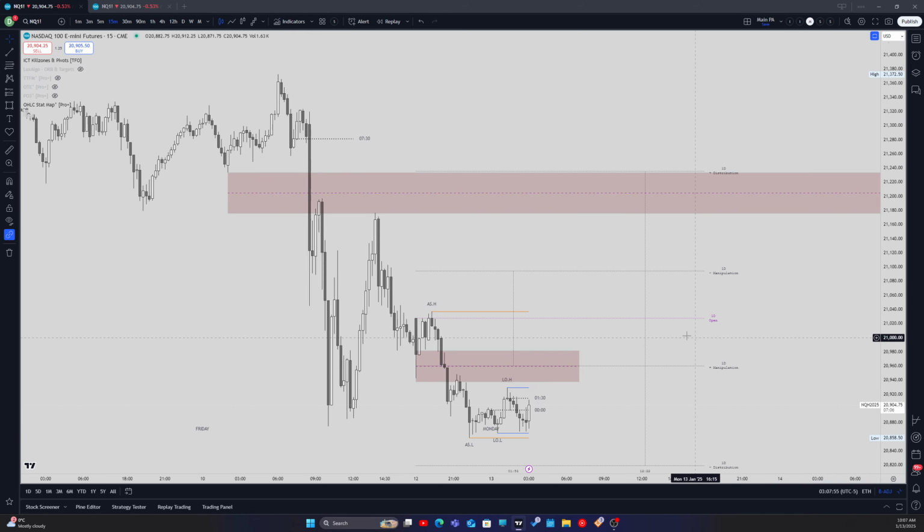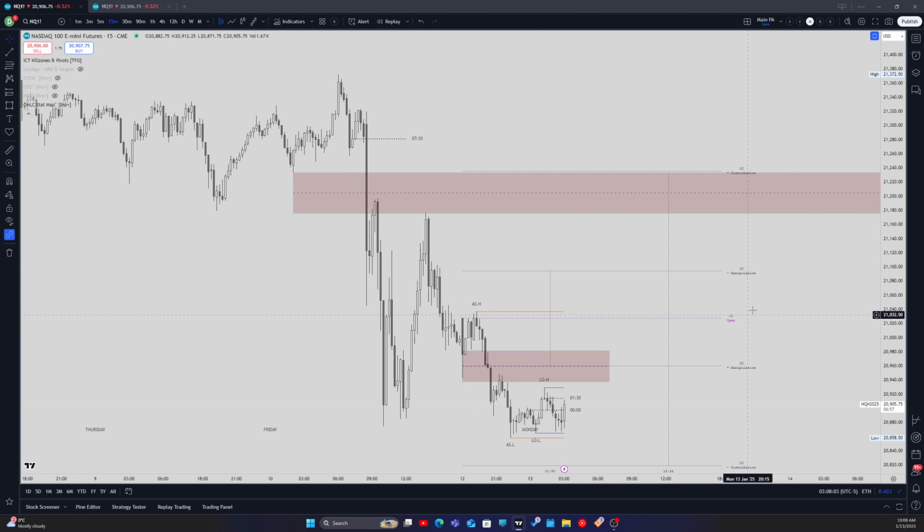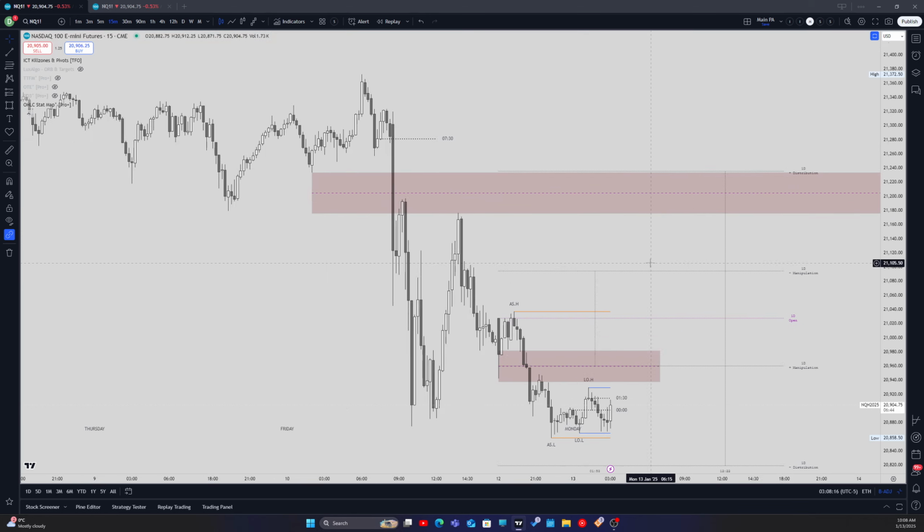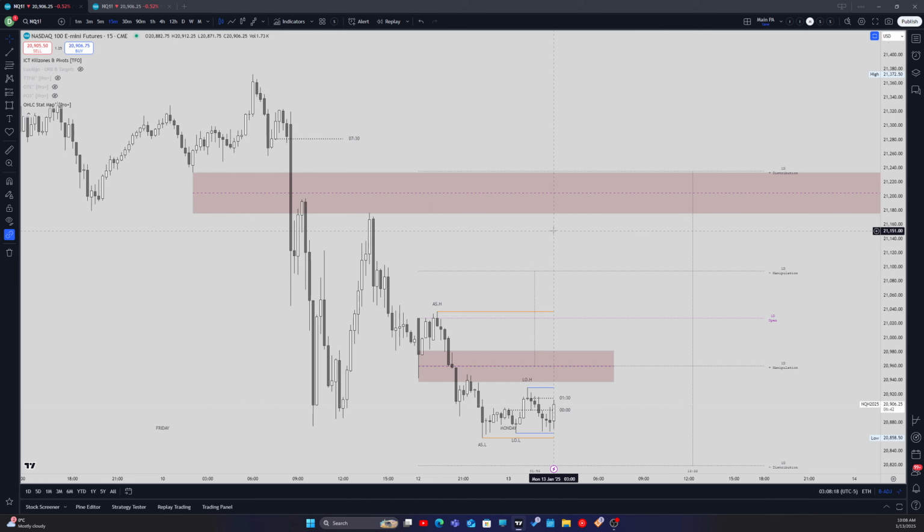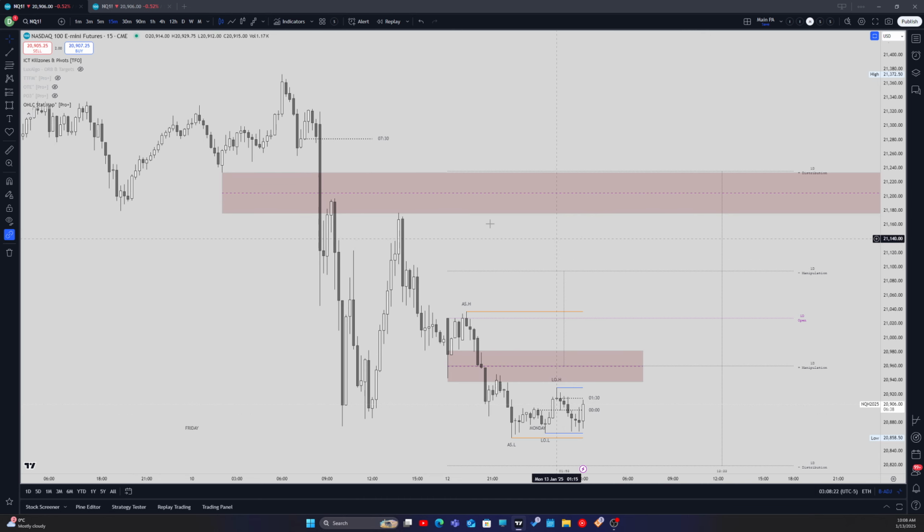So this is telling us that if we are to continue bearish, we should sell above this manipulation area. So again, pretty much it lines up with the other one.